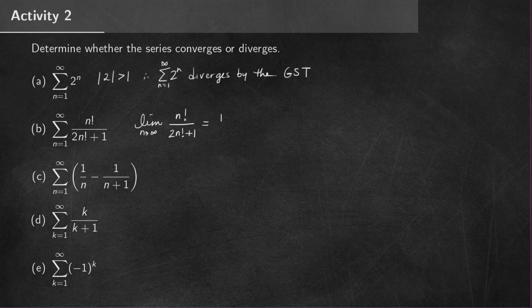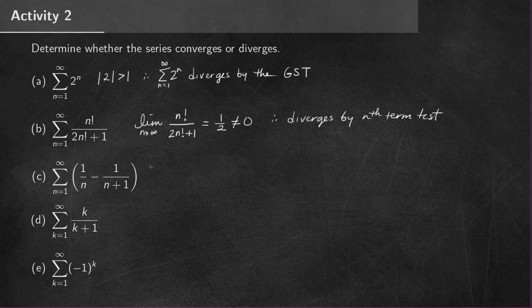This limit is equal to 1/2. 1/2 is not 0. So this series can't possibly converge. The only way a series can converge is if the limit of the nth term as n approaches infinity is 0. And that is not the case here. So therefore, our series diverges by the nth term test.